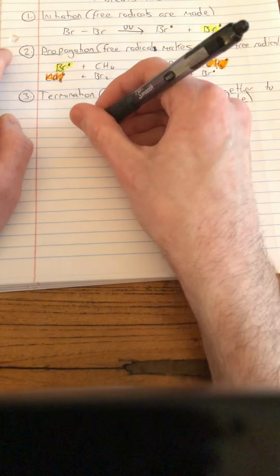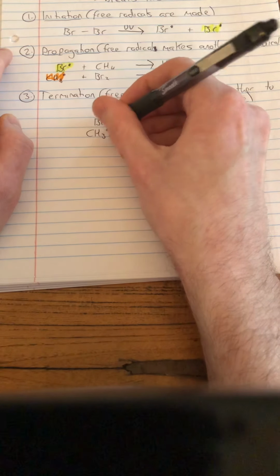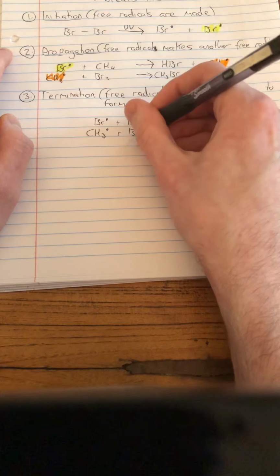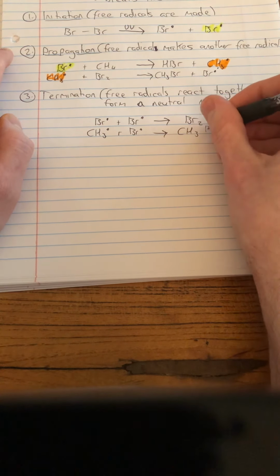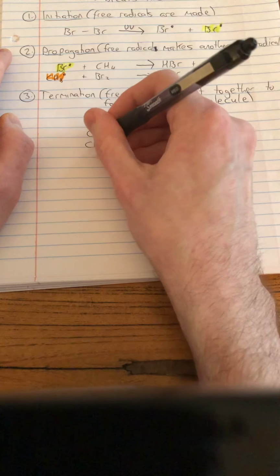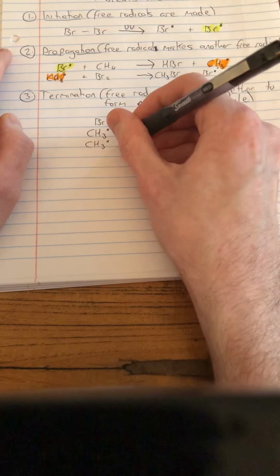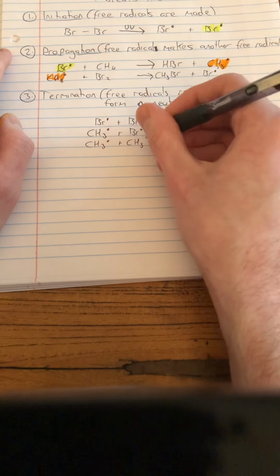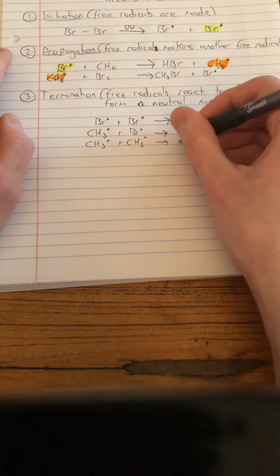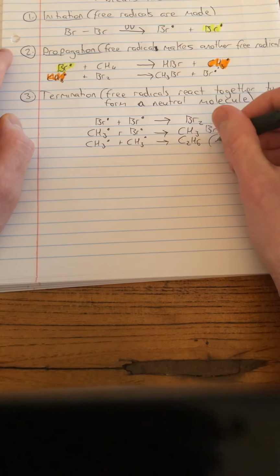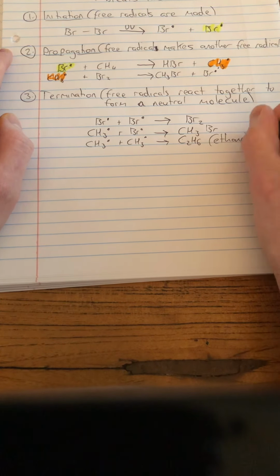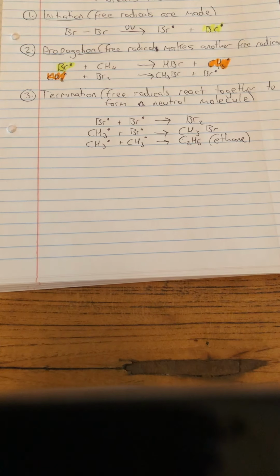Okay, you can have a CH3 free radical reacting with a bromine free radical to give us CH3Br, or we could have two CH3 free radicals to give us C2H6, which is ethane. Okay? And that's it. That's how a free radical chain reaction happens.